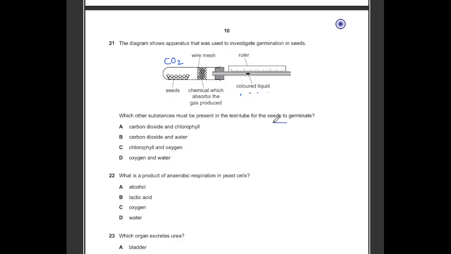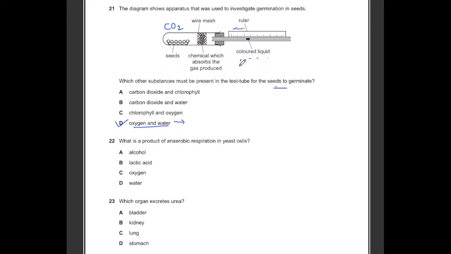We have to read the question properly. What should be present inside it? For germination, do you require chlorophyll? No. Carbon dioxide? No. Oxygen is the most important, and water. Basically, humidity is required for germination. The liquid will move towards it. I think that insect question is also there for the extended one, and the liquid will move towards the organism.